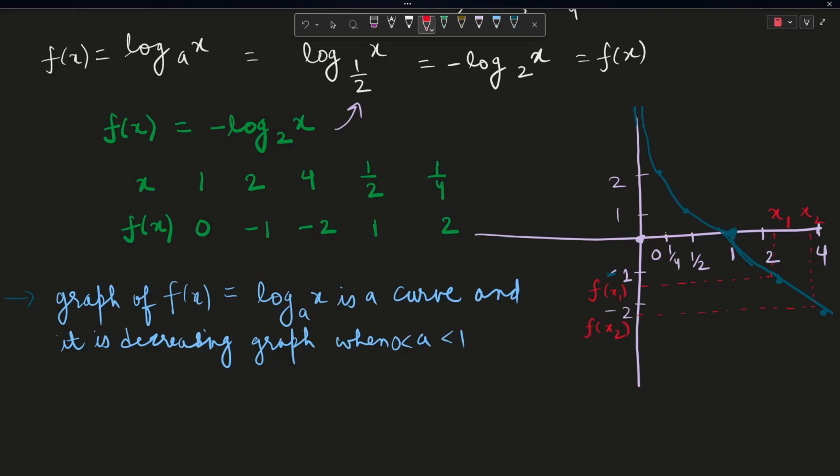Now, we only have to observe that if the input is increased, then what is the result in the output? If the input is increased and the output is increased, then the function is an increasing function. If the input is increased and the output is decreased, that means the case is opposite. In that case, the function is a decreasing function.